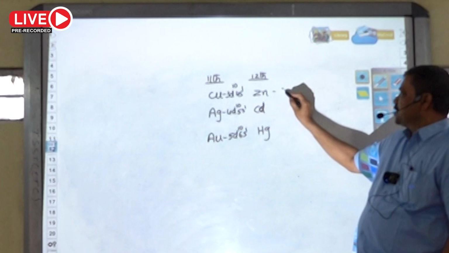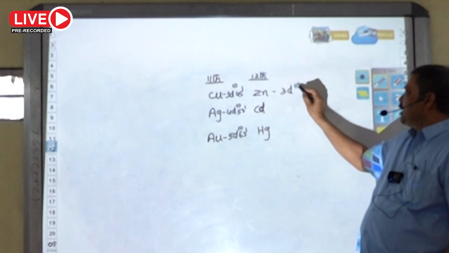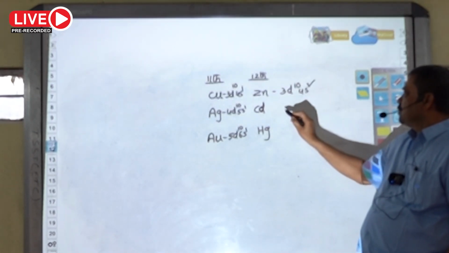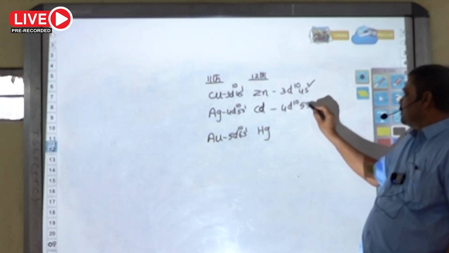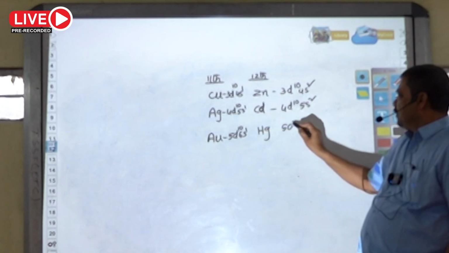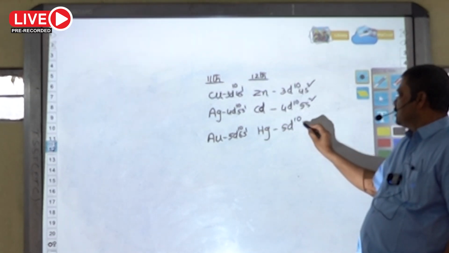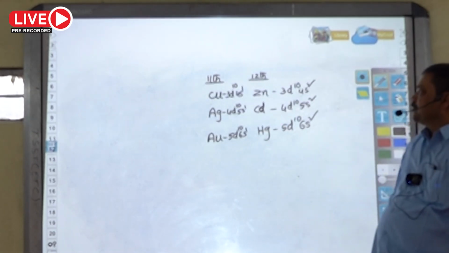Now look at these configurations: 3d10 4s2, 4d10 5s2, 5d10 6s2.